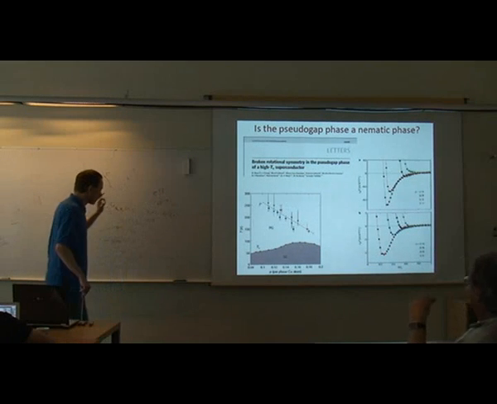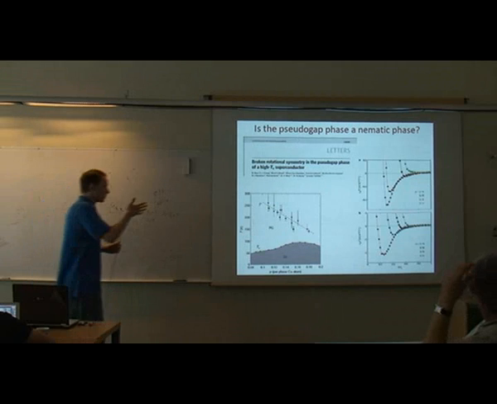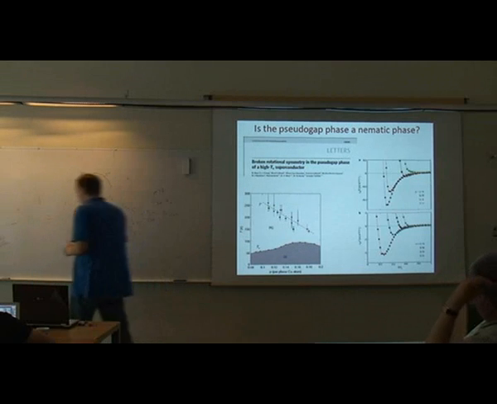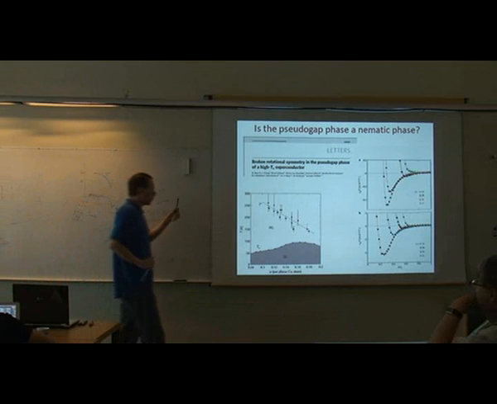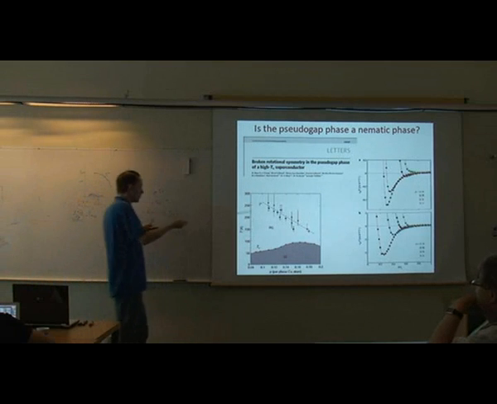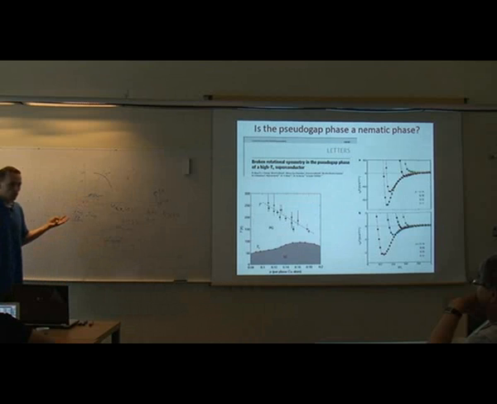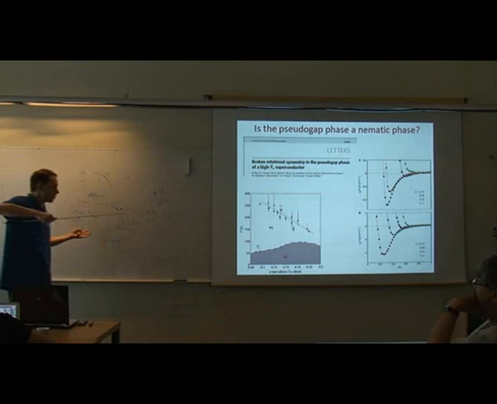Clear arguments, the following. These materials, the YBCO family, they have these copper oxygen chains, and also they have a distorted unit cell by its own. And this, in principle, breaks the symmetry already before you can break it by any nematic order, so there's no sharp transition, therefore, to the nematically ordered state.